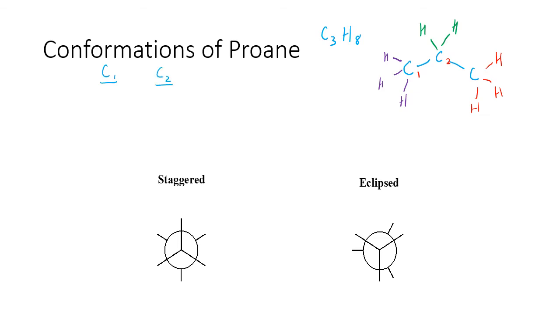So between C1 and C2, everything coming off of C1 that is not C2 is going to be 3 hydrogens. So here is our 3 hydrogen atoms that are coming off of C1. We're imagining that we're looking down the bond, so that would be where our eye is at. And this is going to be our projected bond, C1 to C2.